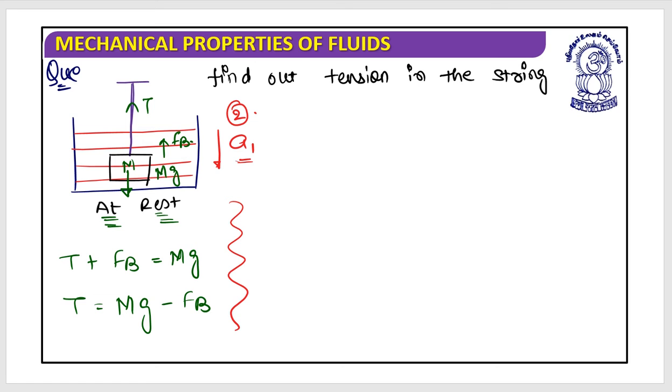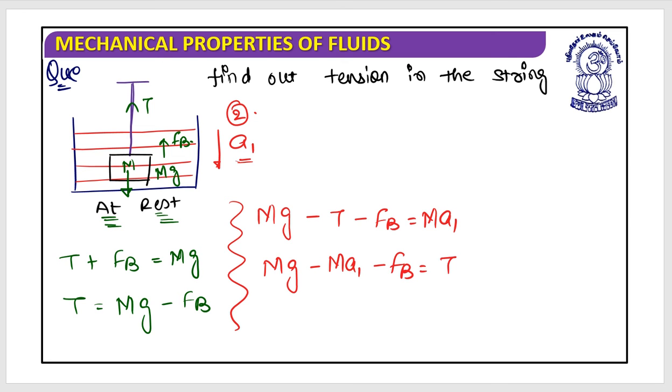So I can write mg minus T minus FB equals m into a1, and as I want the tension, T equals mg minus m a1 minus FB, or T equals m into (g minus a1) minus FB. This would be the situation.